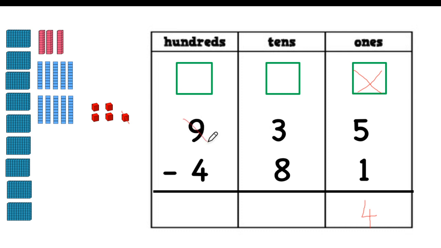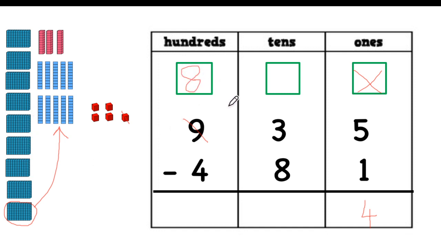So I will borrow from 900. I will take this 100 and borrow it, and they will give me 100 blocks, which is 10 groups of tens. But because they will give me 100, I will have only 800 left. 800s will be left.